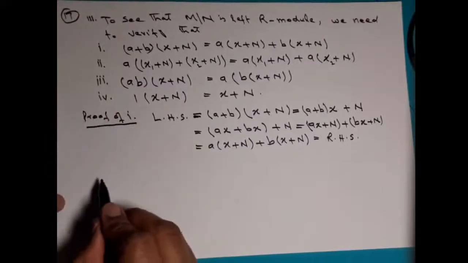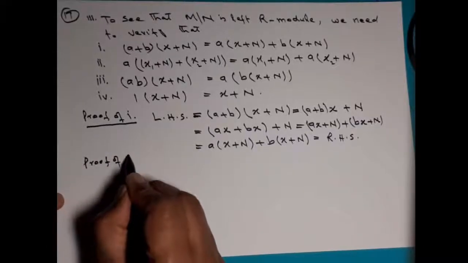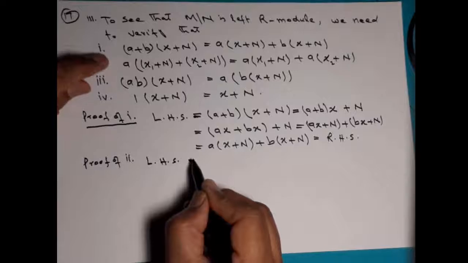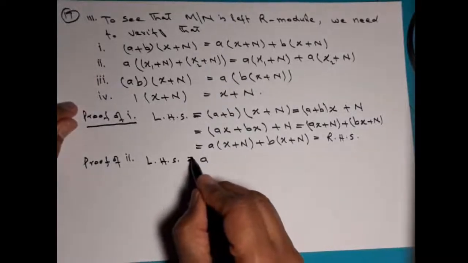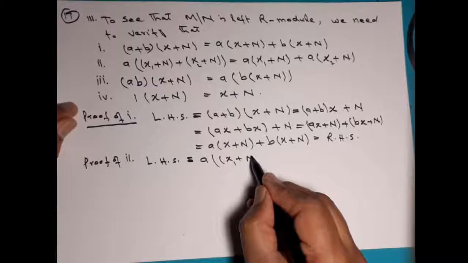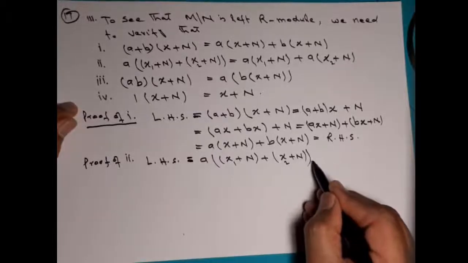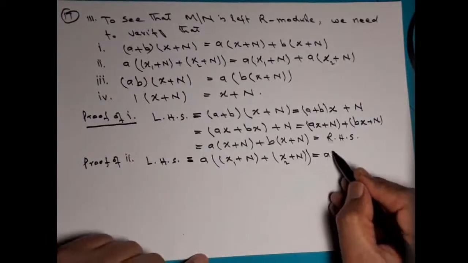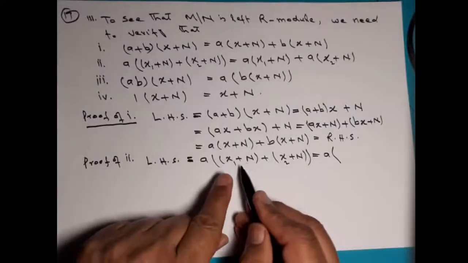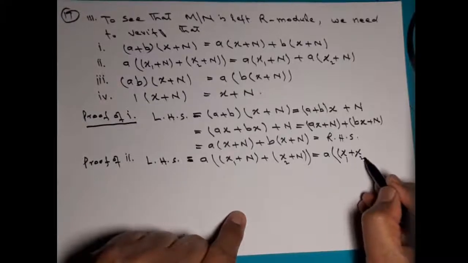We come to proof of 2. For this, the left hand side is equal to a multiplied with ((x1 plus N) plus (x2 plus N)), and this is equal to a multiplied with ((x1 plus x2) plus N), by the definition of addition of cosets.